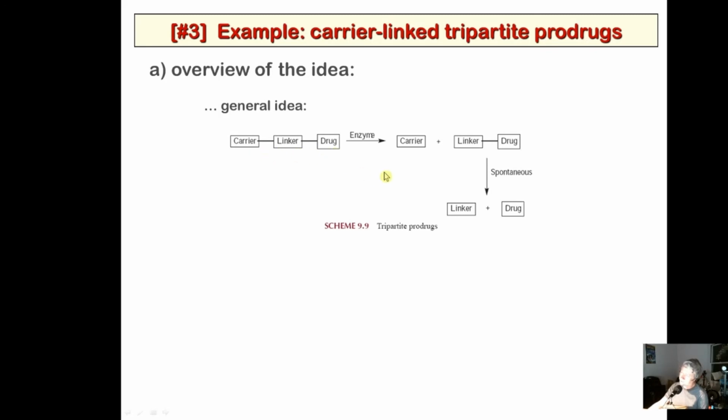And then usually what happens is the enzyme will cleave off the carrier, and that makes the second step more spontaneous. Overall, this is a nice idea because if you do a bipartite prodrug, just like a two-piece one that's cleaved by an esterase, sometimes that's cleaved very rapidly, and that is undesirable. So this sometimes can slow down the cleavage process in a tripartite prodrug strategy.